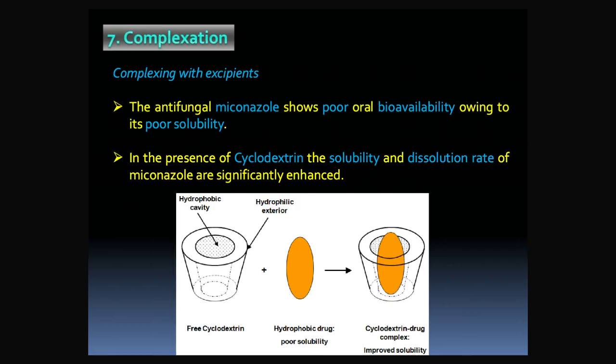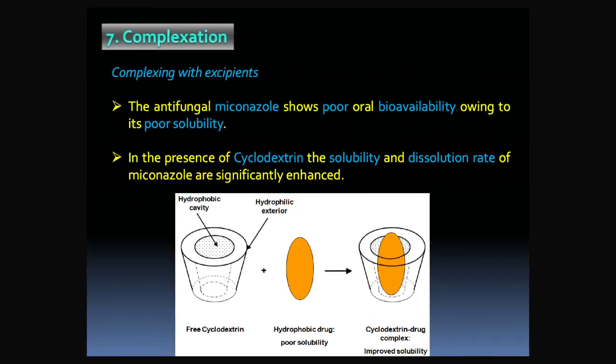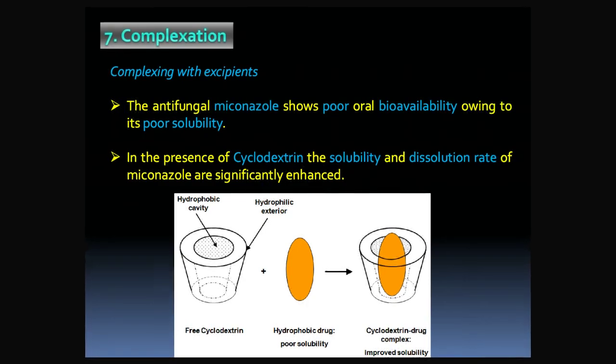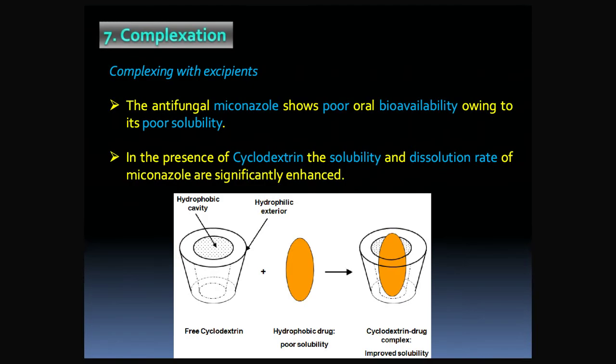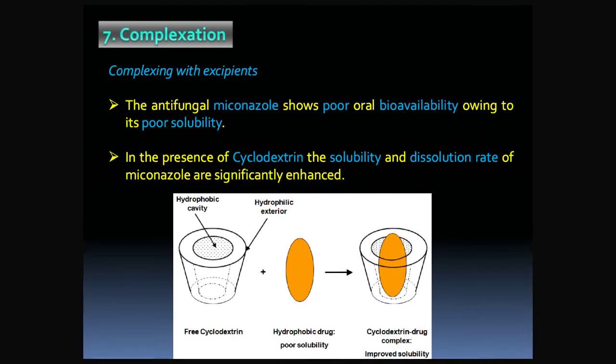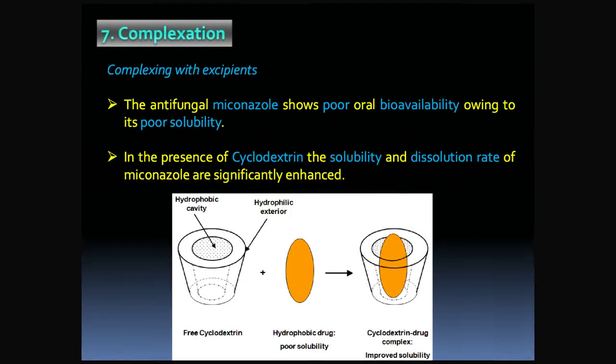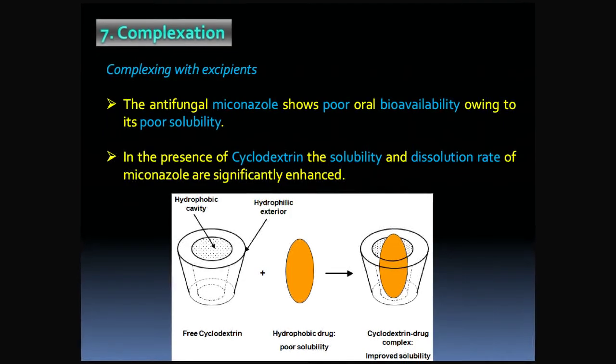Micronization serves as a classic example of a drug whose therapeutic potential is restricted by its inability to dissolve in aqueous environments, leading to poor oral bioavailability. We overcome this hurdle by utilizing cyclodextrin as an excipient to form a soluble inclusion complex. Look at the diagram.